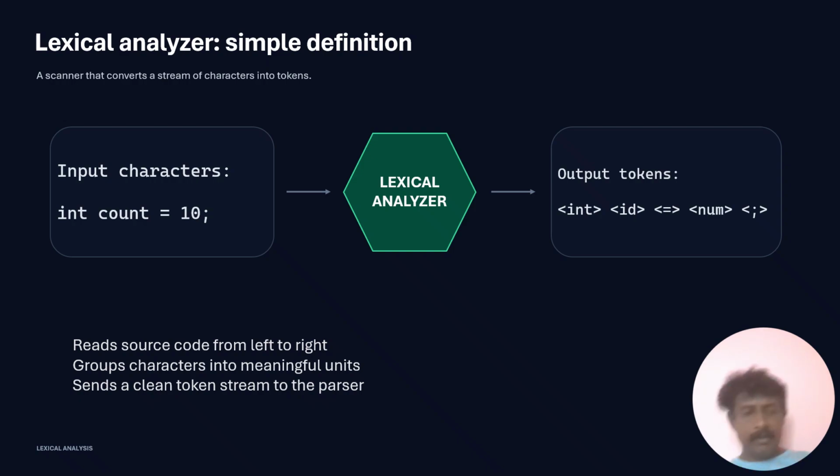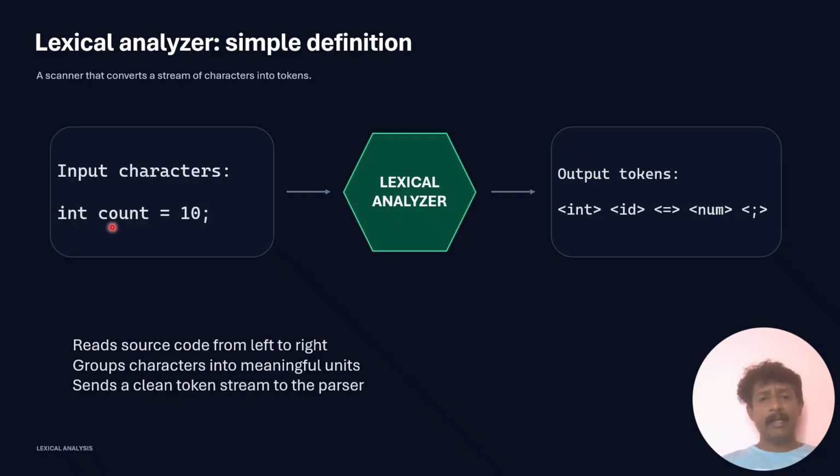Here is a simple definition. The lexical analyzer is also called a scanner. It changes characters into tokens. Look at the line: int count = 10 followed by a semicolon.